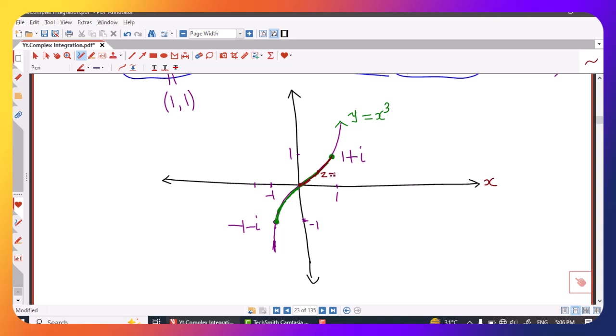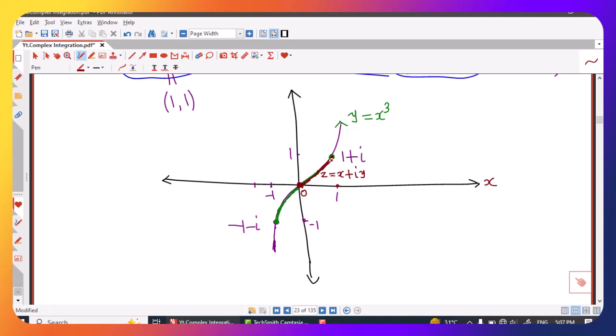Now whenever z is in this part, our curve is from this point to this point. This part of the curve corresponds to this point and this point, and you can see here we have 0 and here we have 1.